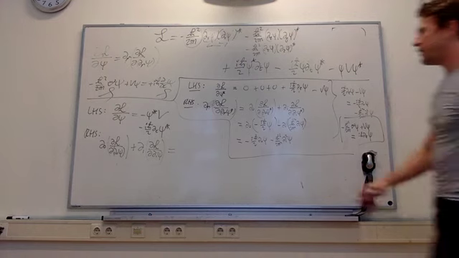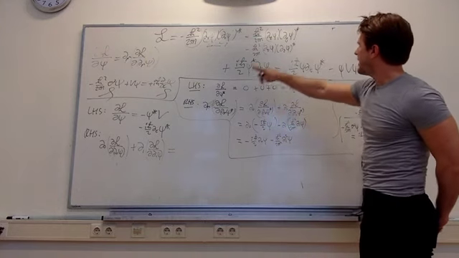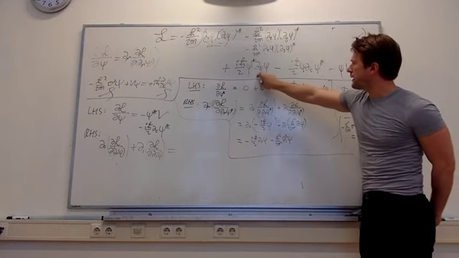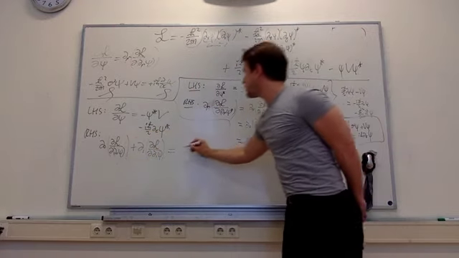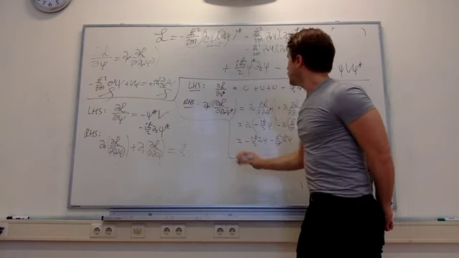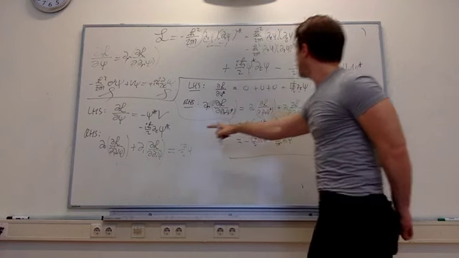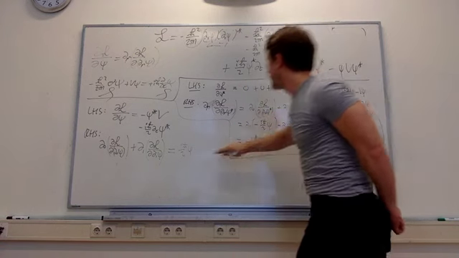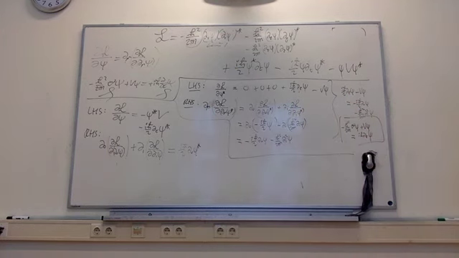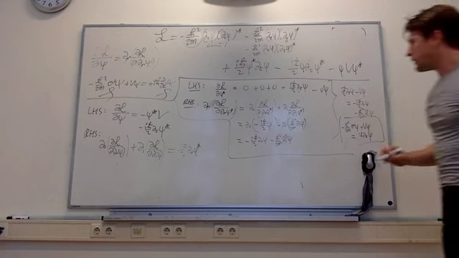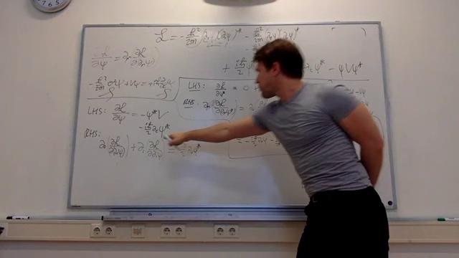Now let's go through this a little bit fast. Take the time derivative of the Lagrangian with respect to the time derivative of psi. That is this one here, and I have to take another time derivative of that thing. So all in all, what you get is i over 2, the time derivative of psi, and then psi star. And what else? Spatial derivatives.